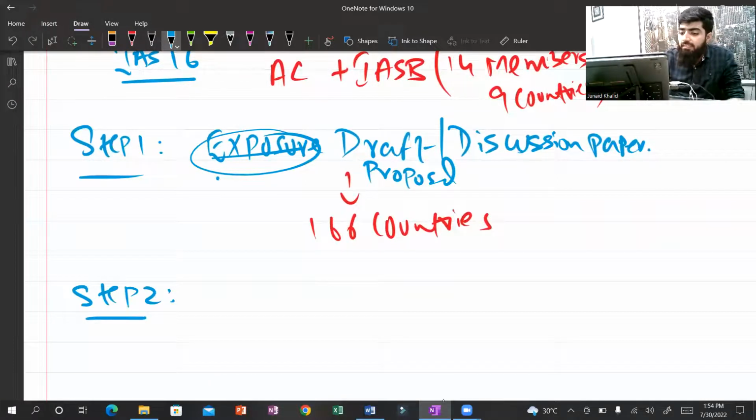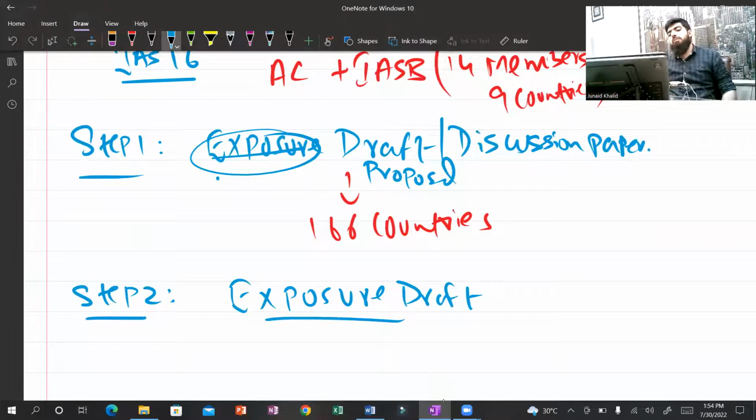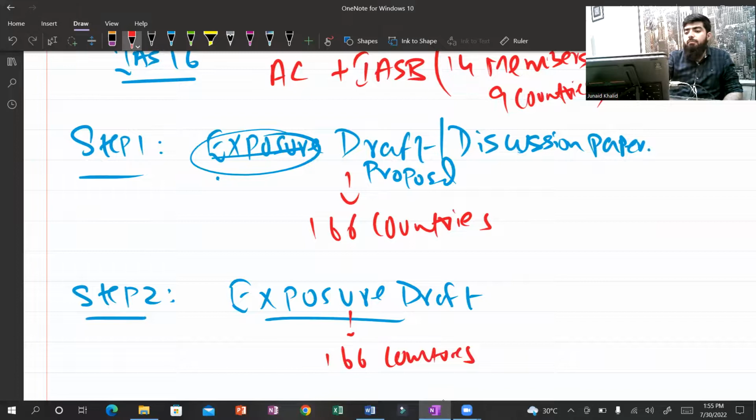Once the draft is upgraded, the other draft will be known as the exposure draft. Please make it correct. So after the draft proposal, the exposure draft will be prepared. Whatever was discussed in the discussion paper, the draft proposal will be upgraded, changes will be made, the exposure draft will be made, and then again this exposure draft will be sent to 166 countries for public comments.